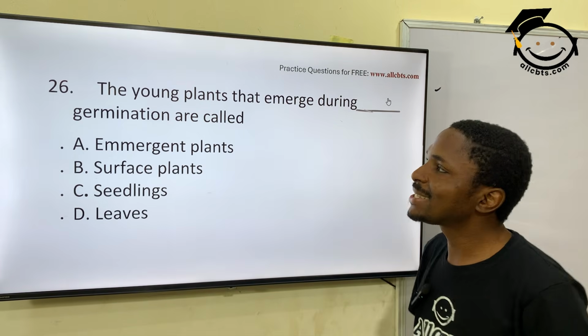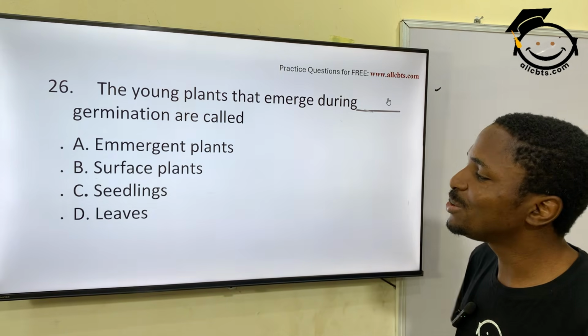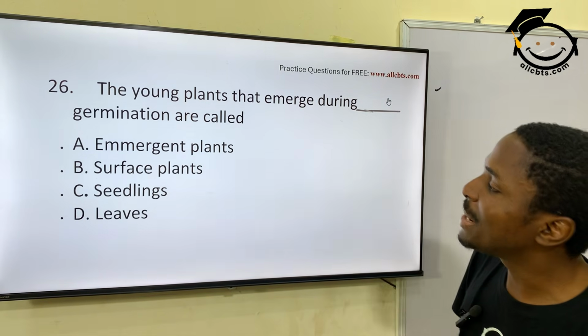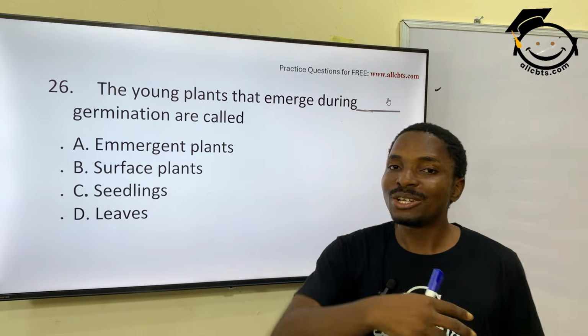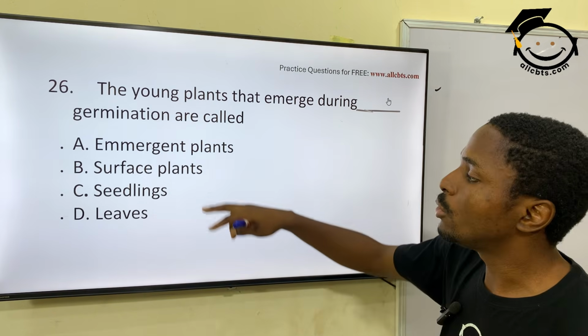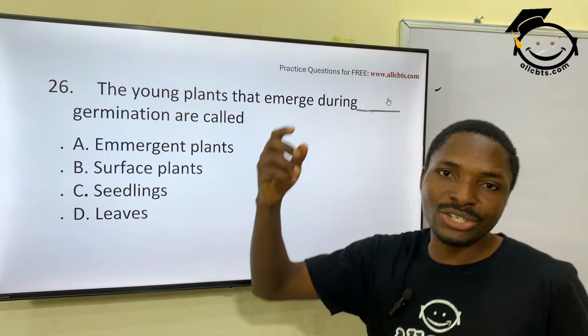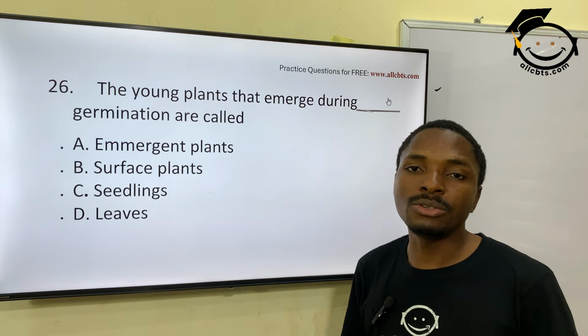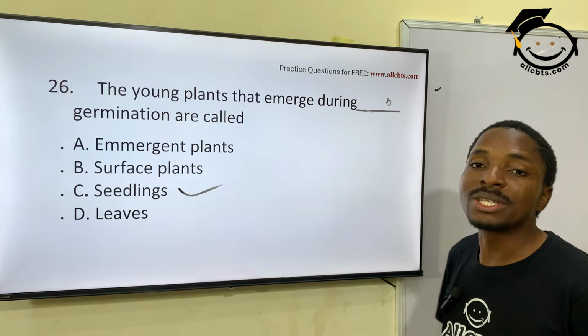And then 26. The young plants that emerge during germination are called dash. You have emergent plants, surface plants, seedlings. I already mentioned it 2 questions ago. They are called seedlings. Seedlings are the young plants that spring up during germination. Then 27.